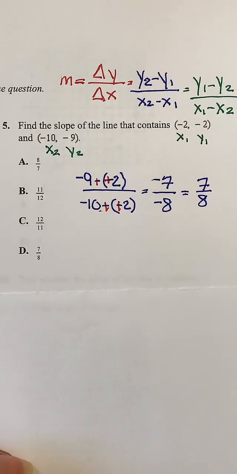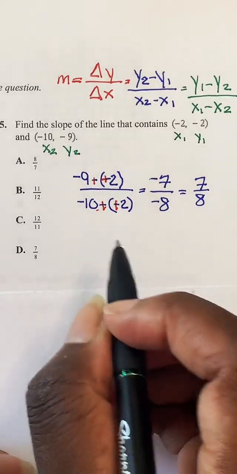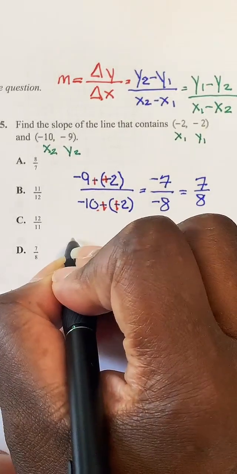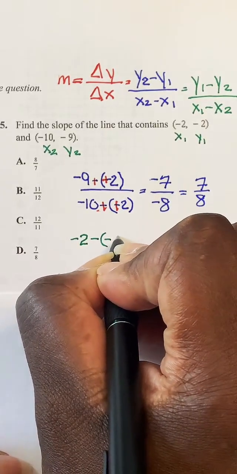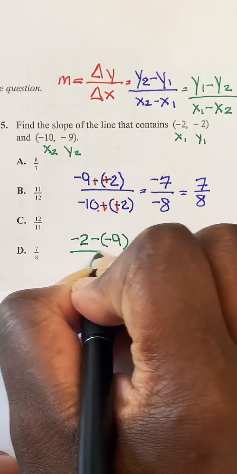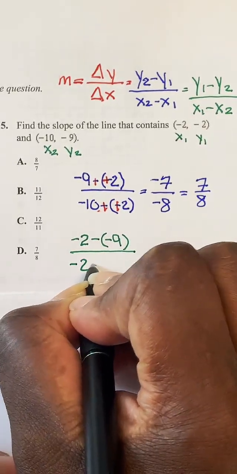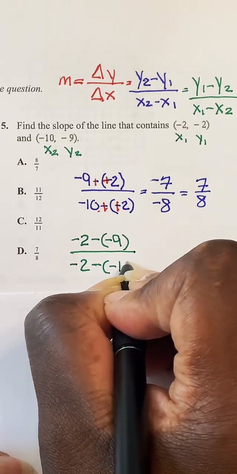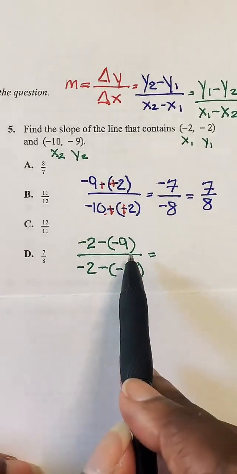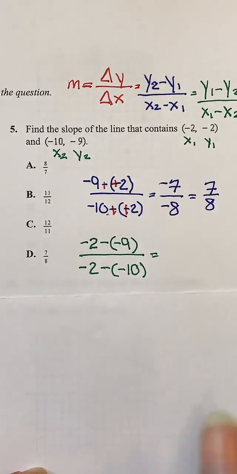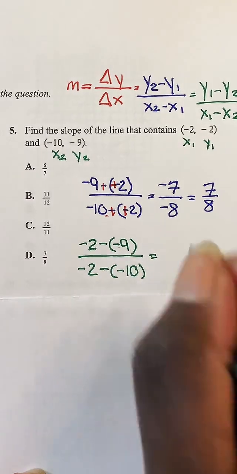So if you want, let me take it to the green part. My y1, if I did it with negative 2 minus a negative 9, and then we had negative 2 minus a negative 10. Every time I substitute negatives into an equation, I always put parentheses around it, because when I minus a negative, it turns positive.